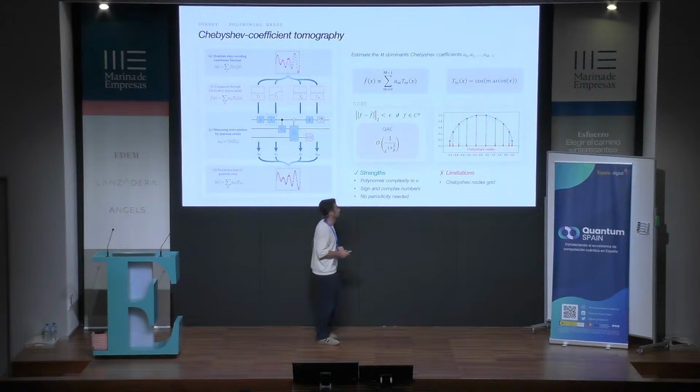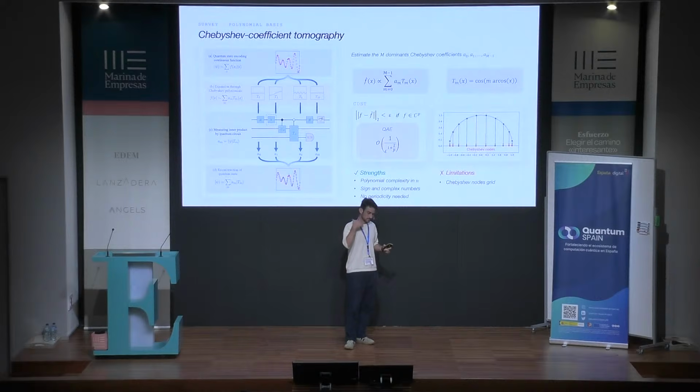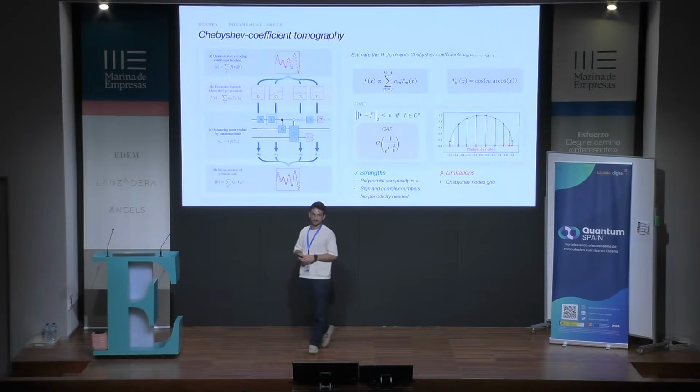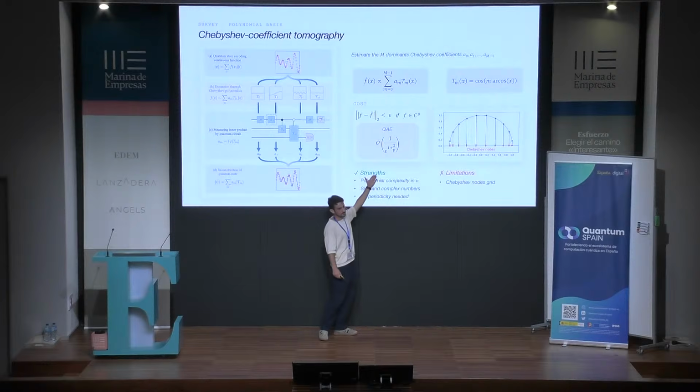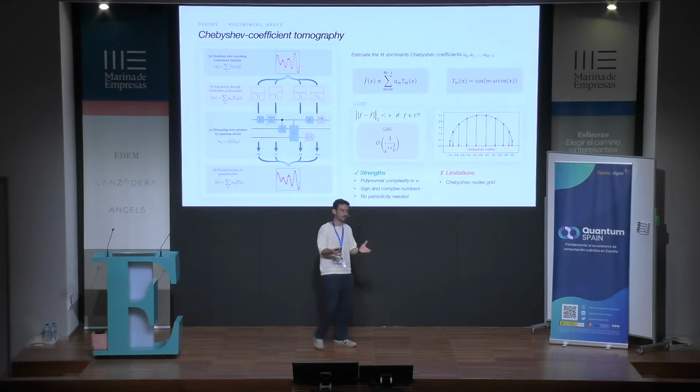And this is not usual, because the algorithms that we usually have evaluate the function on a uniform grid. So this method is better than the previous one because we don't have the periodicity condition. We just need smoothness, and even the complexity is lower. But we have this limitation of the Chebyshev node grid, which is not the common way that we have our function.